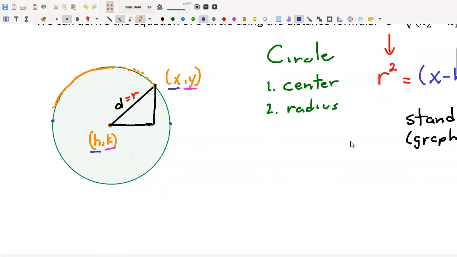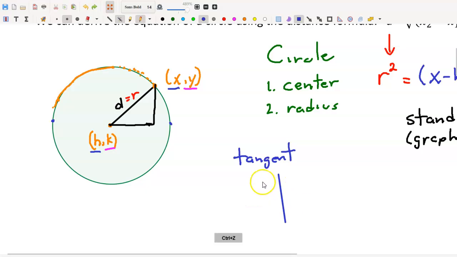Some ask, well, this circle goes through this point and is tangent to the x-axis. So just a reminder, tangent. They're not talking about the trig tangent. We're talking about the geometric tangent. Tangent means to touch but not go through it. So if I want a circle to be tangent to the x-axis, it would look like this.